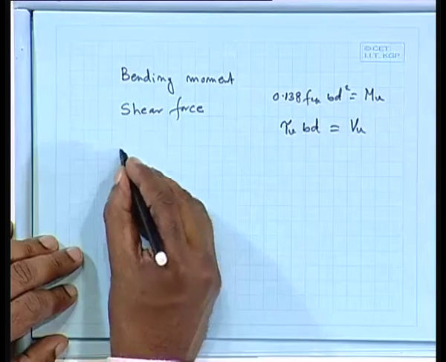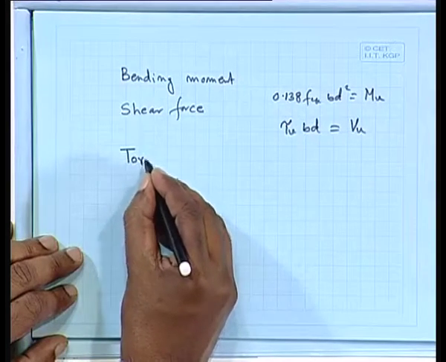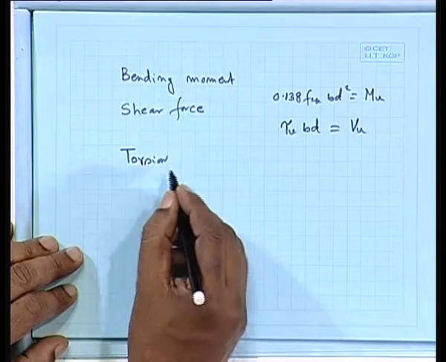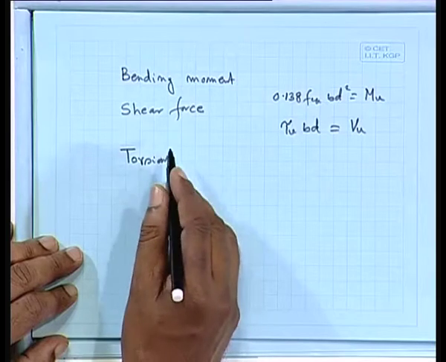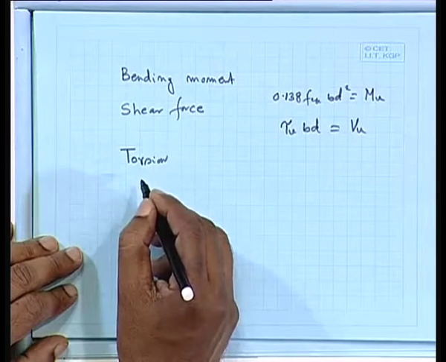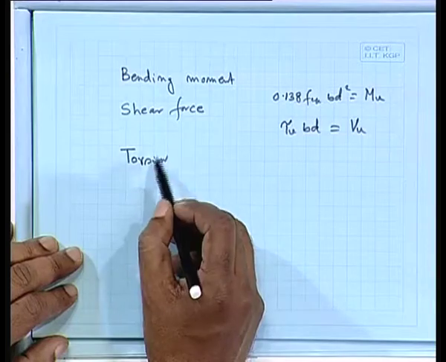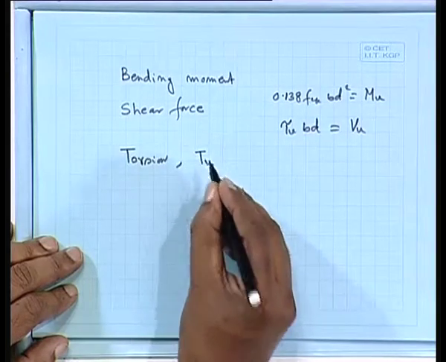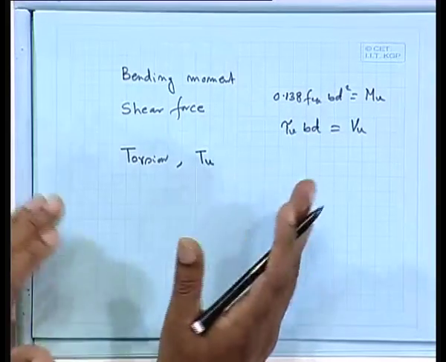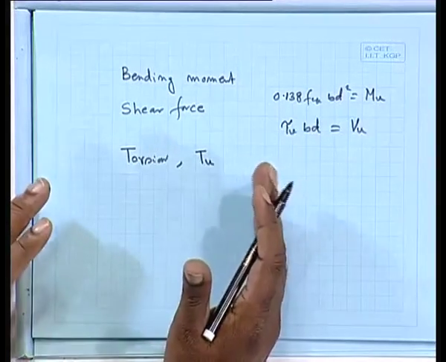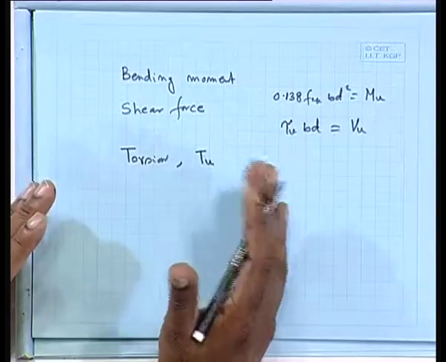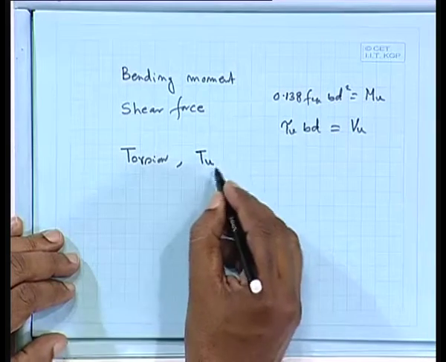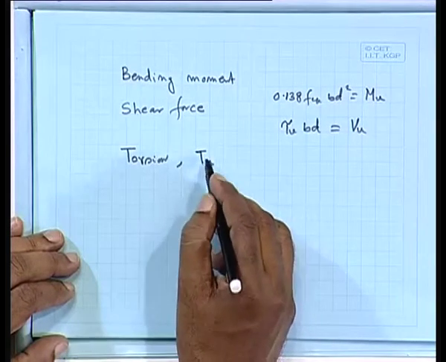But regarding torsion, we do not go directly. What we do is find the equivalent bending moment developed due to torsion, Tu, the factored torsion, that means after multiplying with 1.5 or whatever the appropriate factor is.